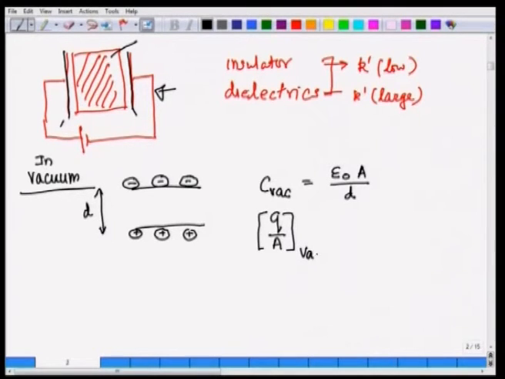In vacuum, the total amount of charge which is accumulated on the plates will be Q, that will be given by C times V, but I am writing Q by A, charge per unit area is what I am writing. So I am going to write capacitance per unit area, which I am going to write therefore as epsilon naught by D multiplied by V. That is the quantity I am going to write, but V, the voltage, is the voltage between these two terminals.